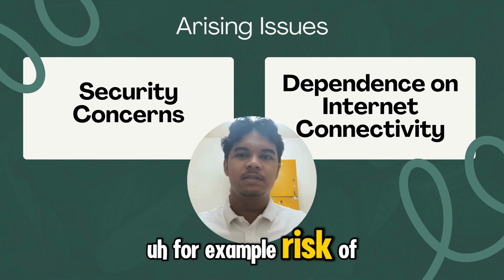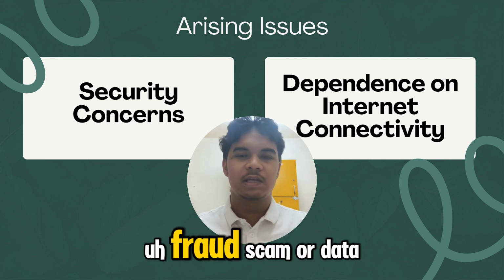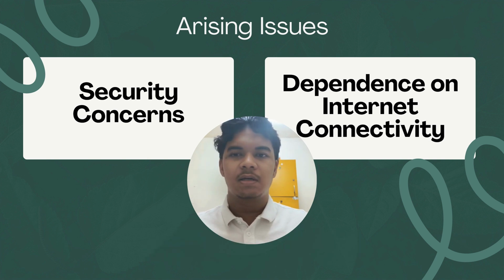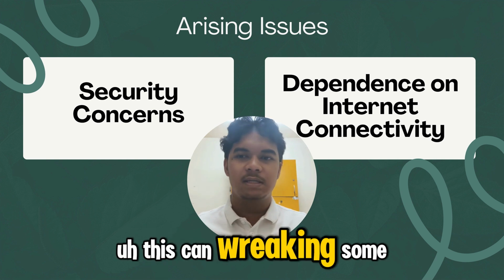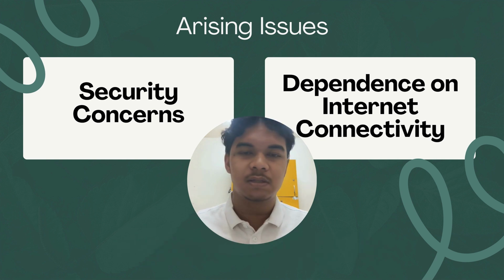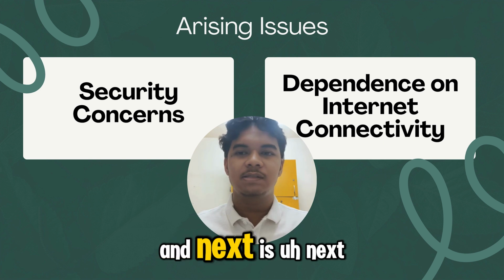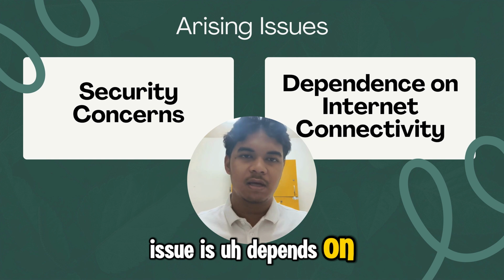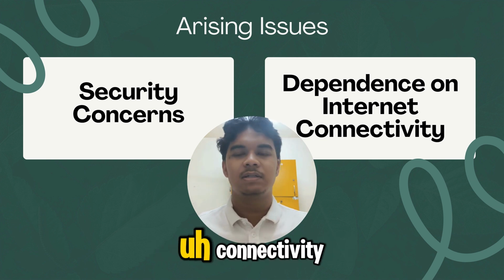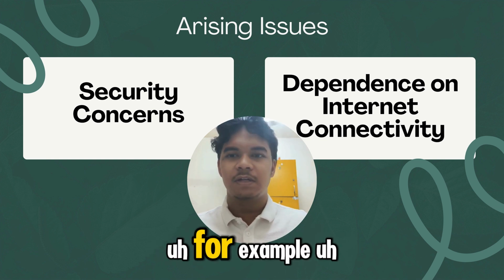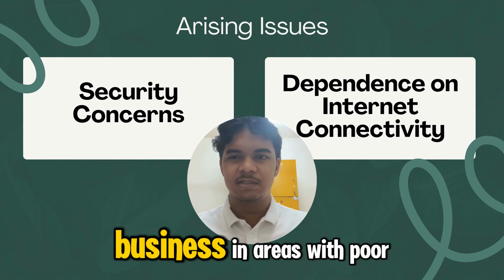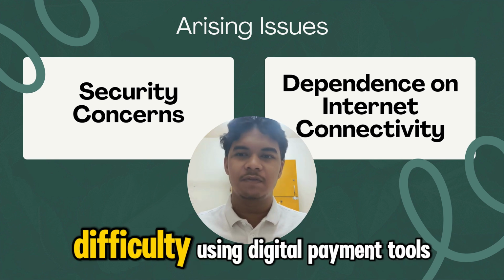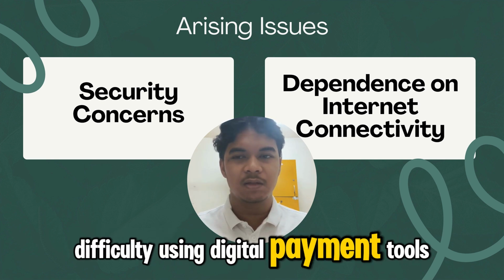For example, risk of phone scams or data breaches, discouraging some users. And the next issue is dependence on internet connectivity. For example, businesses in areas with poor internet face difficulty using digital payment tools.